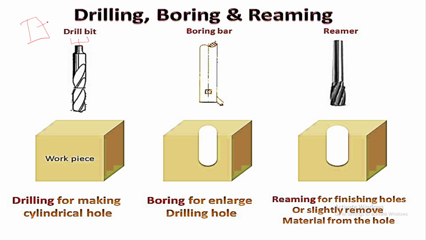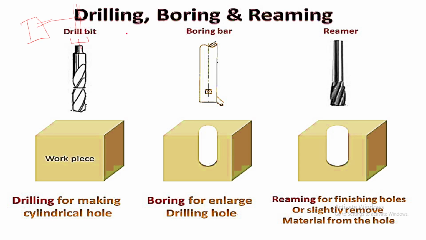Here will be the motor. The motor will be connected using a belt, and the spindle will rotate using this belt. Since the motor will rotate, this will be transmitted to the spindle, and on that the chuck will be there, and on the chuck we will fit the drill bit.